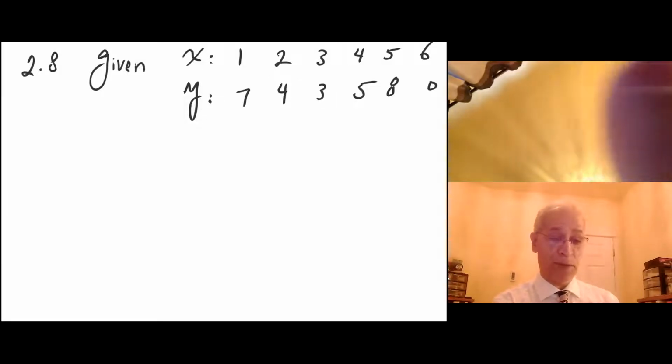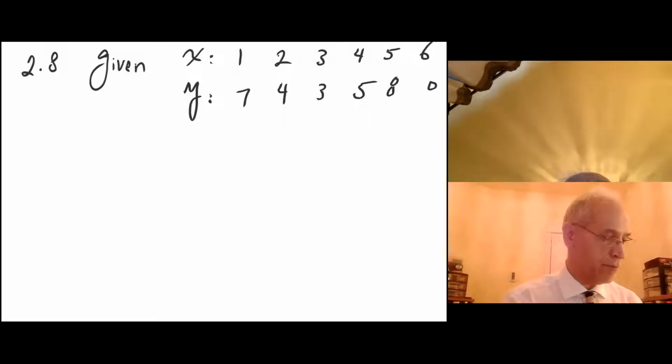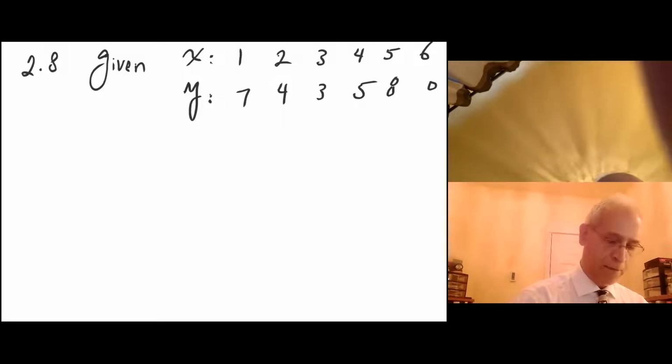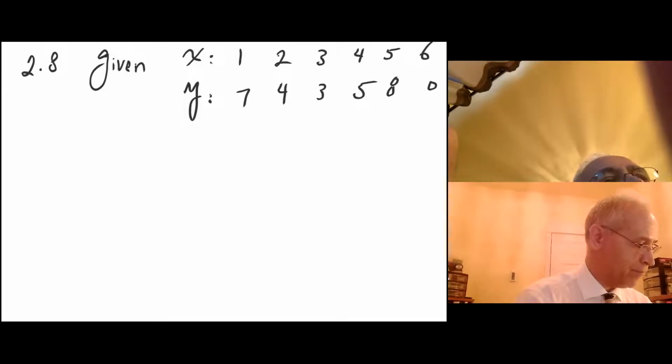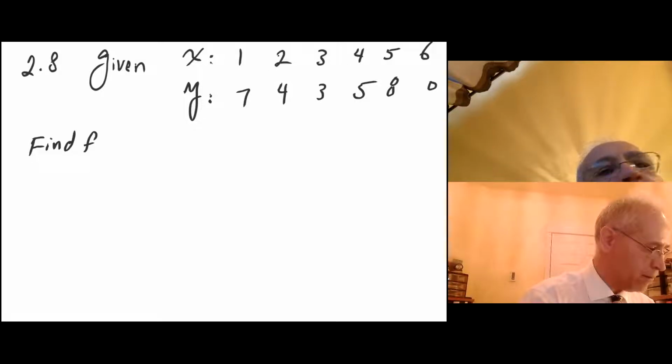So we are given that 1 goes to 7, 2 goes to 4, 3 goes to 3, 4 goes to 5, 5 goes to 8, and 6 goes to 0. And the instruction is, find f inverse of 8.